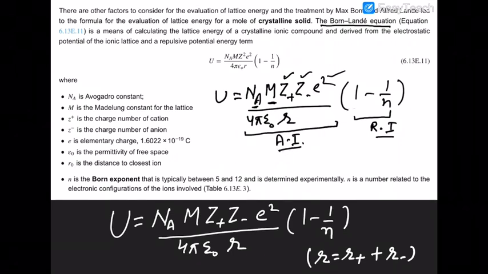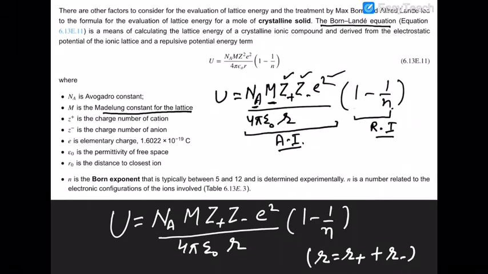So lattice enthalpy takes into consideration both these points, where M is called the Madelung constant, which depends upon the lattice, and n is called the Born exponent. Its value will depend upon the electronic configuration of the ions involved. I will tell you the values of these.